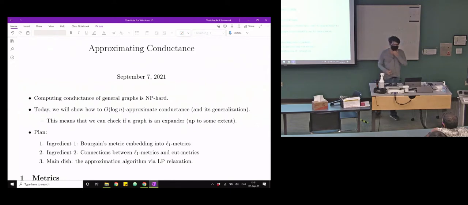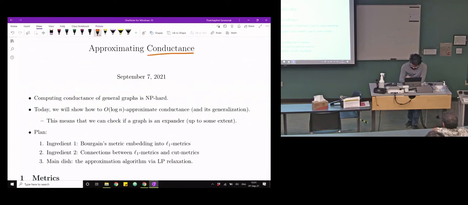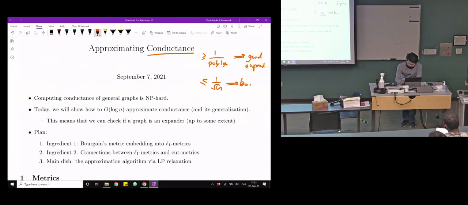The concept that captures the expansion is conductance. If the conductance is something like 1 over polylog or 1 over log n, then we say it is a good expander. If it is smaller than that, think of 1 over root n, then it is bad. It's not very well connected.